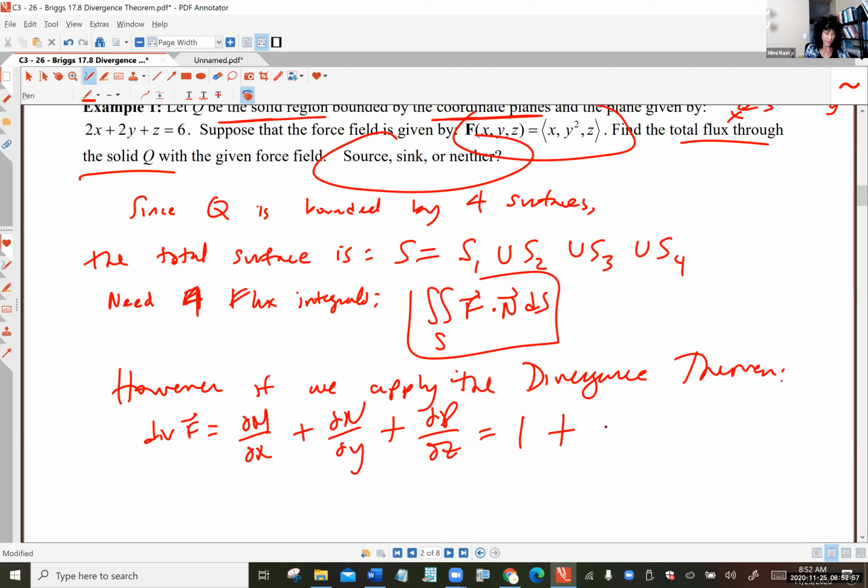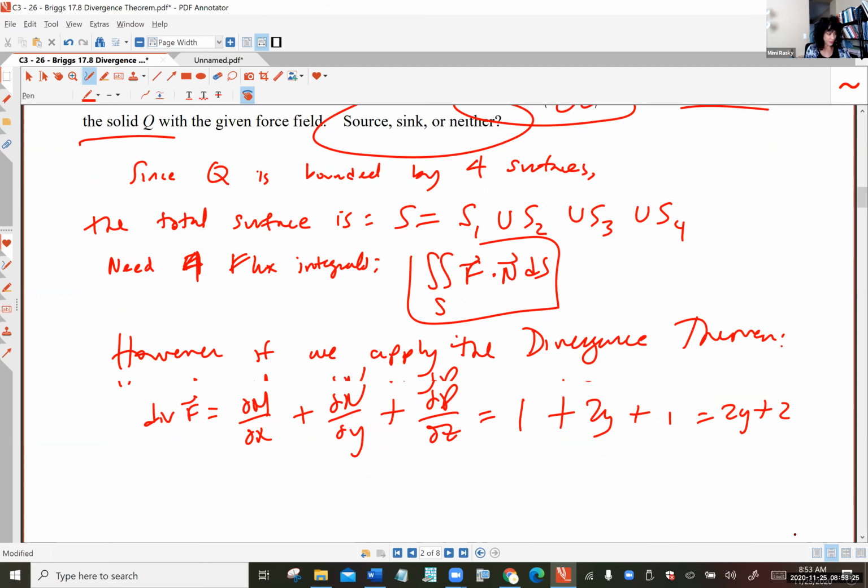Okay, who else could help me out here? What about the N there? What's the partial of y squared with respect to y? 2y. Yes, thanks, Veronica. And then how about dP/dz? 1, yeah. So this is easy. It's just going to be 2y plus 2.